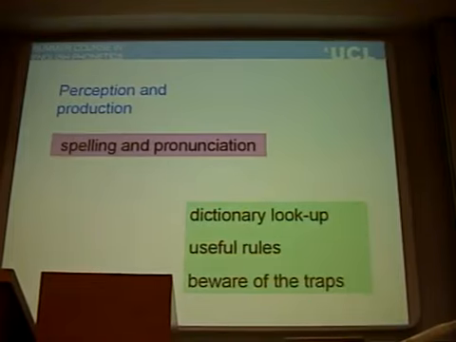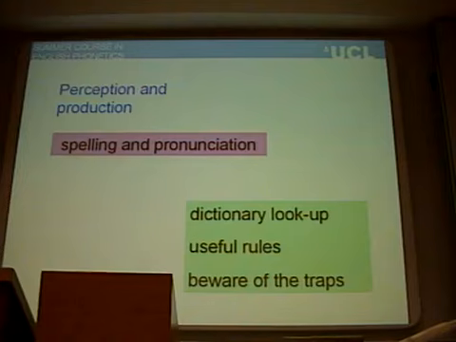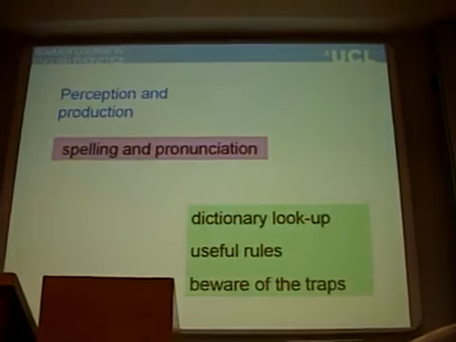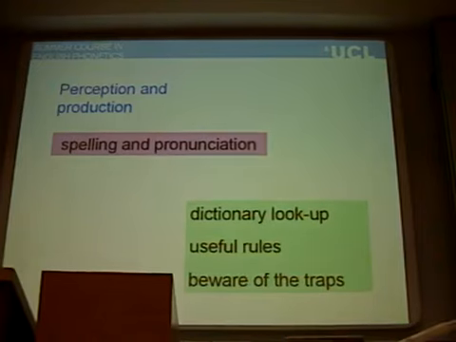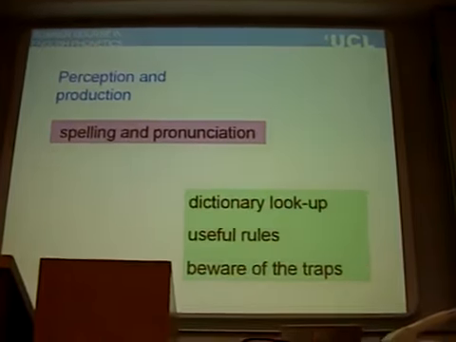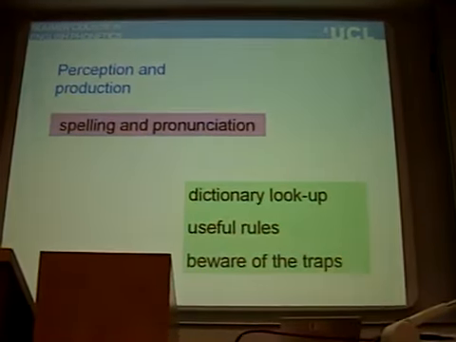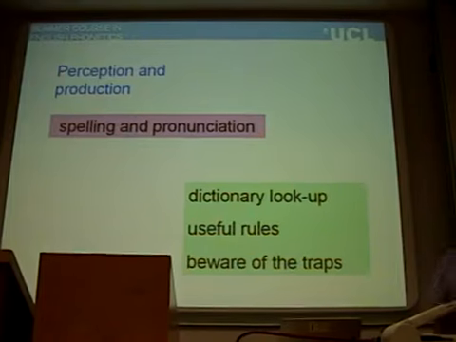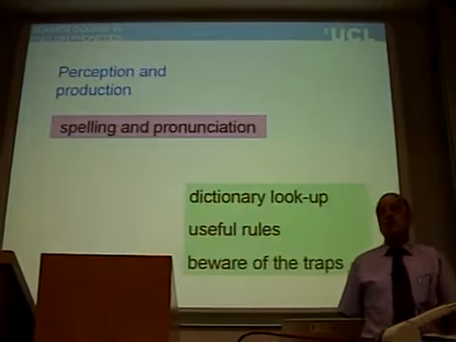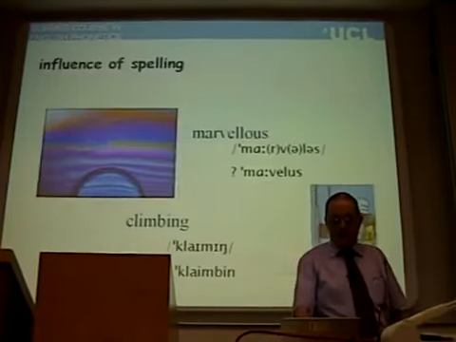This is parallel to the advice given to English learners of French, German, Russian, Polish, where we're advised every time we learn a new noun to learn the gender with it, because otherwise you know the word and you won't know the gender. So with English you don't need to bother with gender, but you do need to bother with pronunciation. So learn it along with the new word. We've tried to give you some useful rules and warned you of one or two traps.